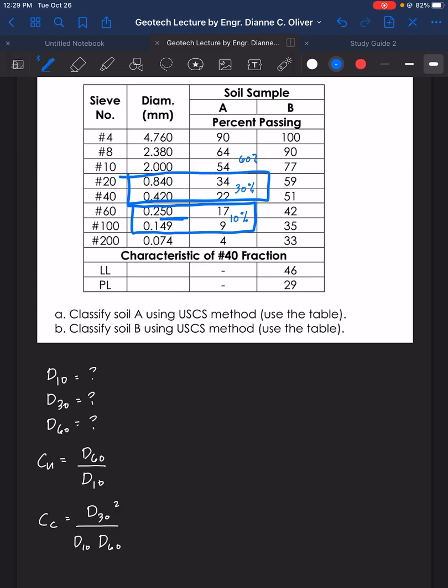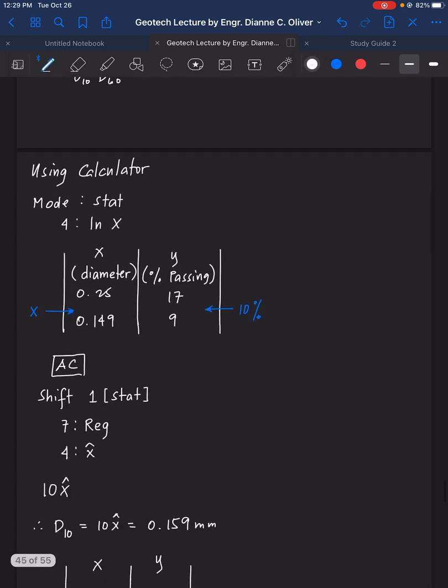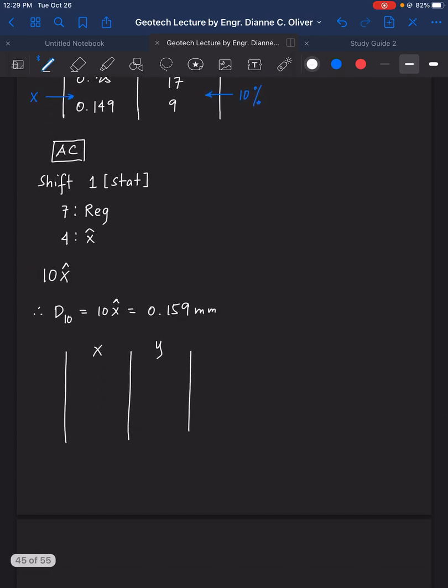The diameter at 30% passing is in between 0.84 and 0.42, and the percent passing, 34 and 22. So let's put here 0.84, then 0.42, then 34, and then 22.